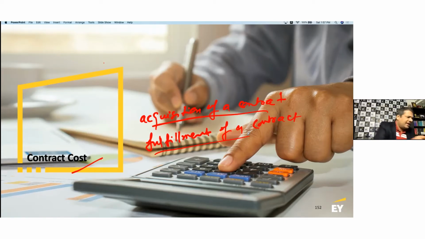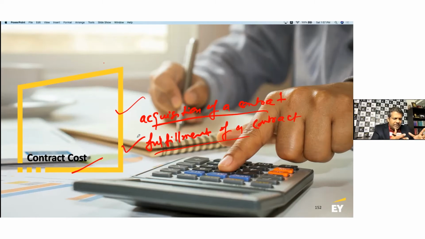That's one. The second is the fulfillment of a contract. So let's say you've entered into this contract, you started incurring certain costs now, but there's no revenue, because revenue you can only start recording, as we just discussed, when there is a transfer of control. And transfer of control can happen over time or at a point in time.